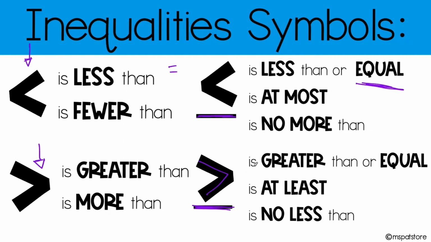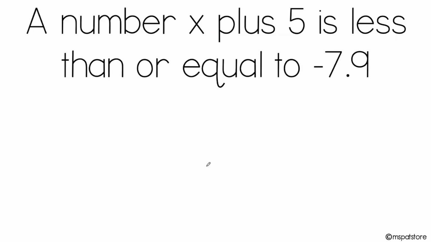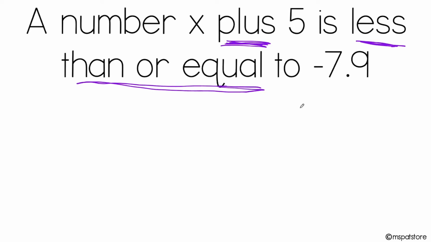Please be familiar with these four symbols because those are the symbols we're going to be using whenever we work with inequalities. Let's take a look at this example. It says a number x plus, that's one keyword, 5 is less than or equal. Remember, less than or equal is the same sign as less than, but with a little line on the bottom.